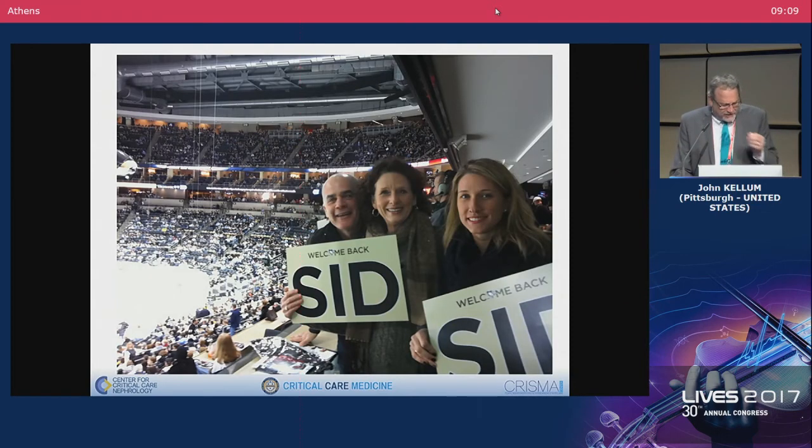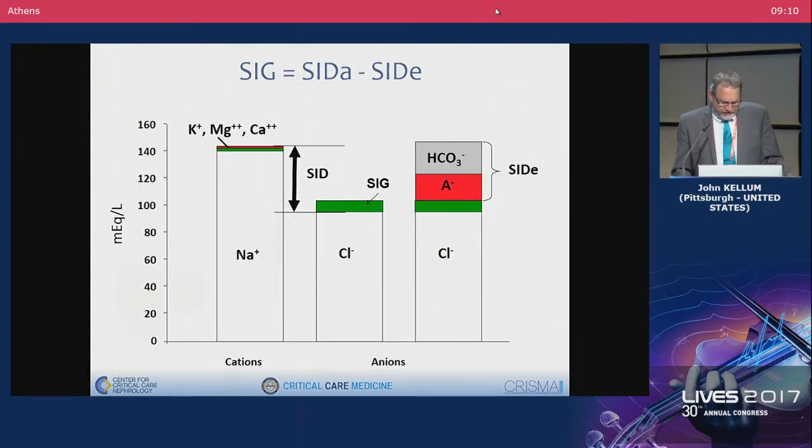Now, I did mention that you can use not strong ion difference necessarily, but a component of strong ion difference, what we call the strong ion gap. What this is taking advantage of is that there's the strong ion difference that you can measure, and we call that the strong ion difference apparent, which is the electrolyte composition and the difference between the cations and the anions.